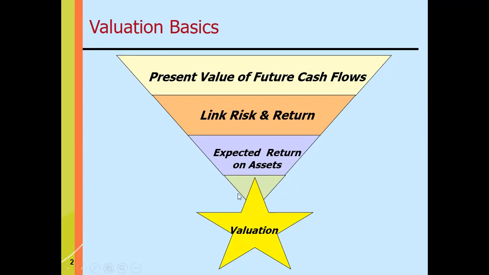For us to be able to determine the value of bonds, we have to know these three terms. We have the present value of future cash flows. You know these already from the previous topics about time value of money.